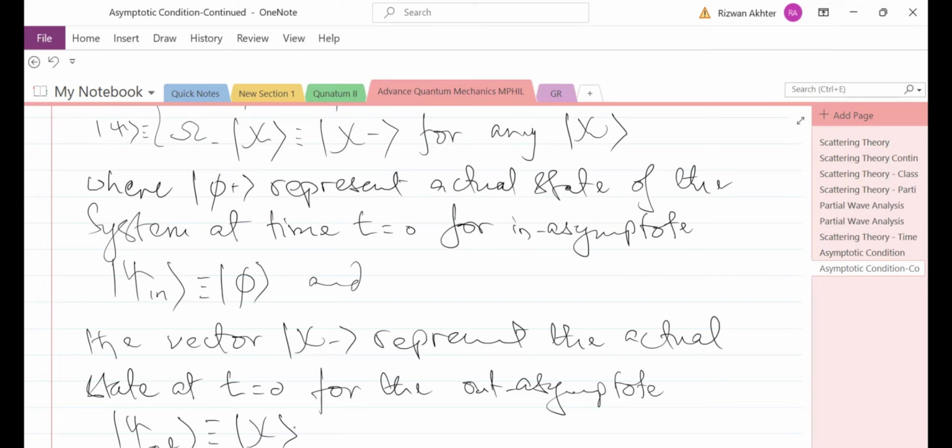So these are the two states. Next we will derive the Moller operator and the scattering operator. Then this would almost end the scattering theory, and from the next day we will start the new topic. Okay.